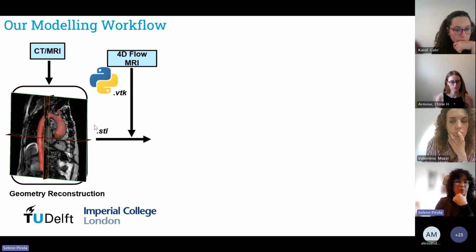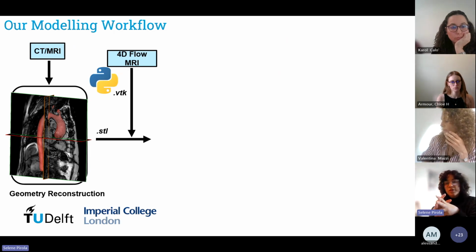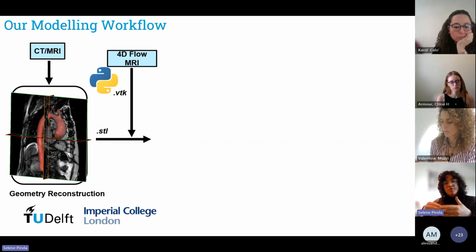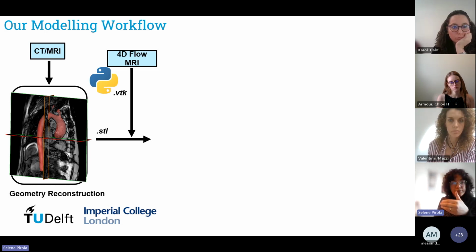As a standard output, once you segment this data and reconstruct the geometry, you get an STL file. We also often are lucky enough to have 4D flow MRI data. These often come in the standard DICOM format, and we have an in-house Python tool that helps us convert this data into VTK files that are compatible with ParaView.